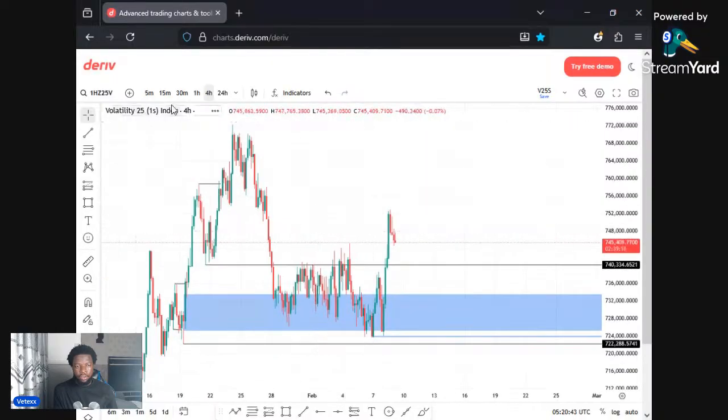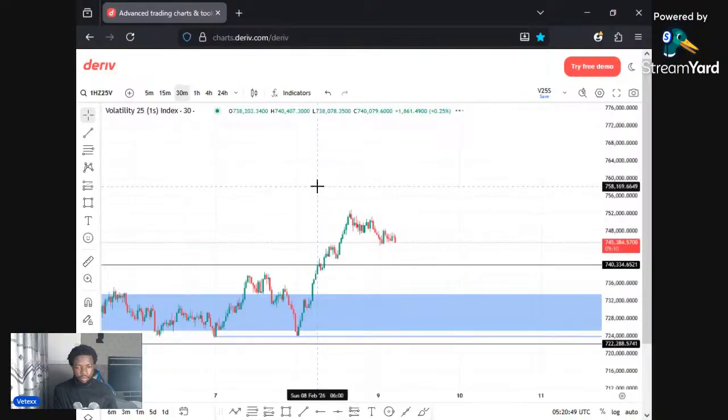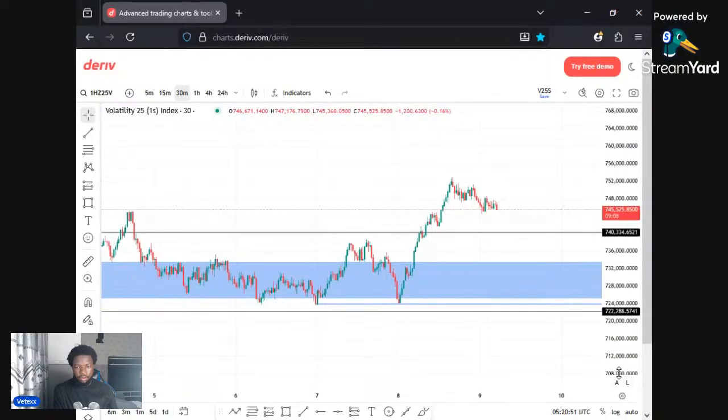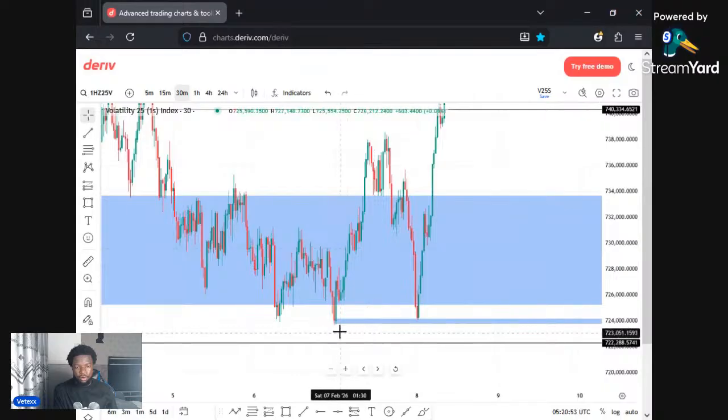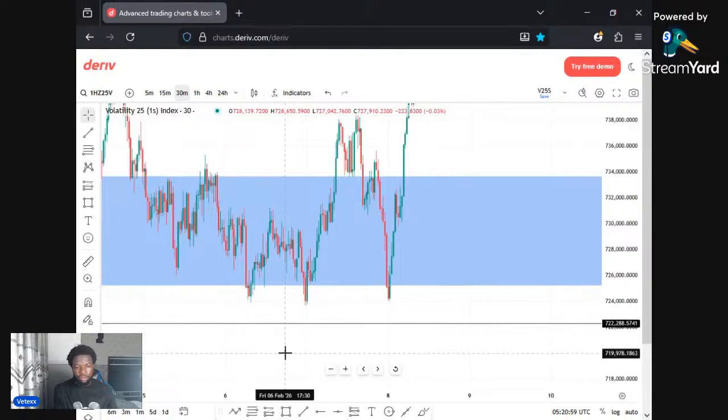We go to the 1 hour time frame, or let's say 30 minutes. See that price gives us a continuation. Come into it, tap into it, and then move to the opposite direction. So this is what we first have.